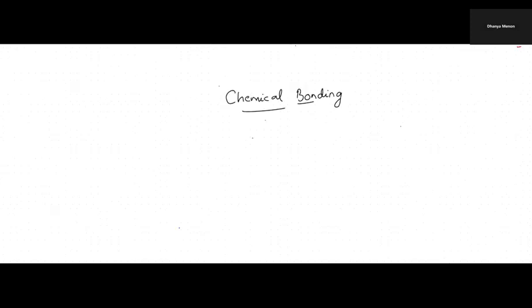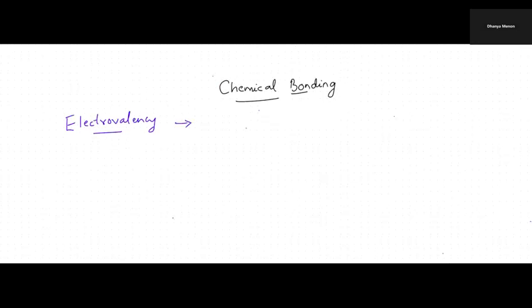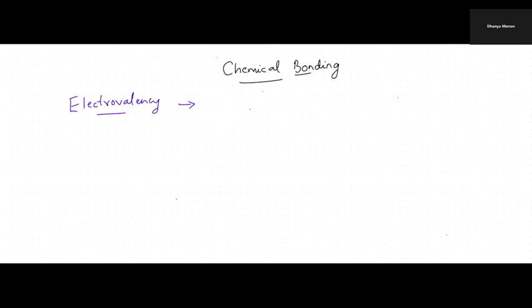The meaning of electrovalency. So electrovalency means the number of electrons that is given by the metal or received by the non-metal during the formation of ionic bond. So in electrovalency, we always talk about the magnitude. We don't put the sign. Okay. So the number of electrons given by whom?